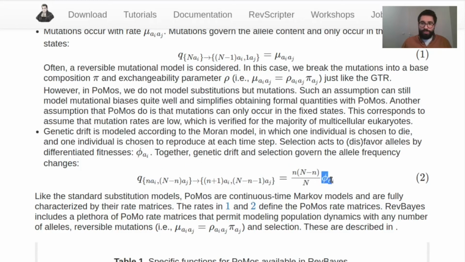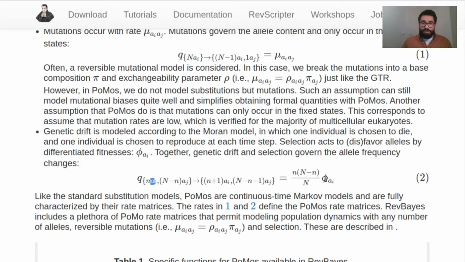So to do that, we use selection, and this is exactly the parameter that we use to describe selection, the parameter phi. So essentially, selection acts to favor or disfavor the reproduction of the allele in case. So for example, the AI is reproducing, so we add the element phi AI.